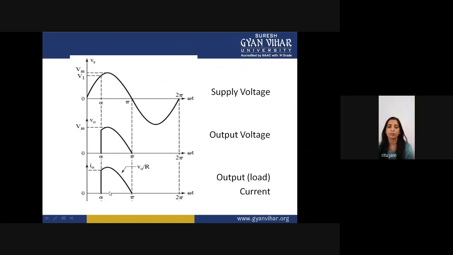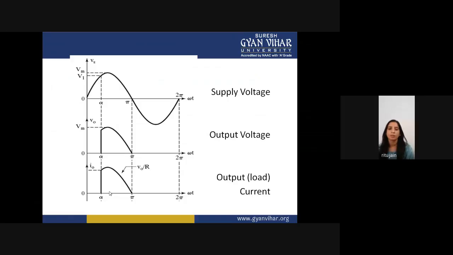Now the third waveform is your output current, which is the current you are getting in the output. It depends on how long your SCR is conducting.